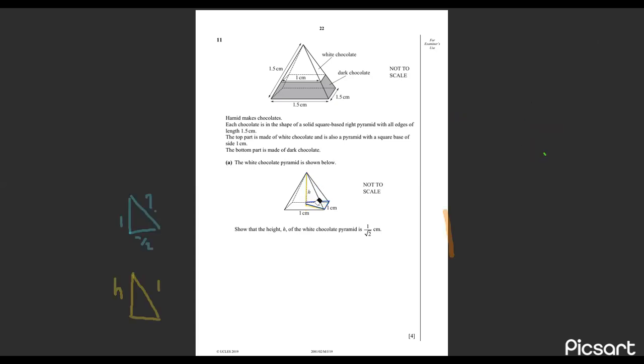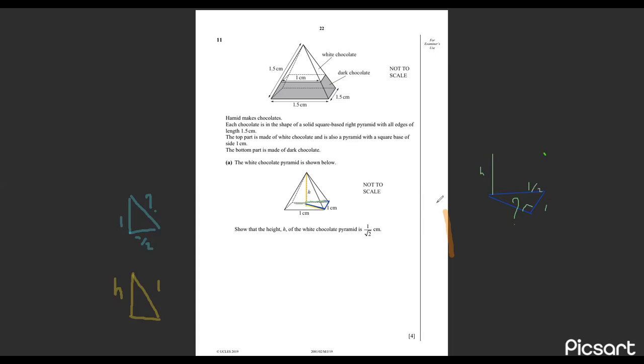Here we have the height. We first have to get this side because we don't know it. So we make this triangle outside here, and it's a 90 degree angle, because this is the height. So here we have 90 degrees, and here is equal to 1, and this is equal to half, because it's halfway between here and here.